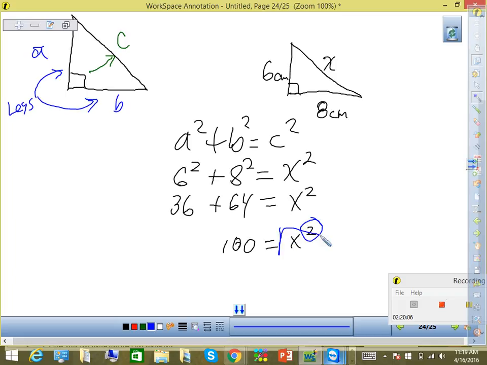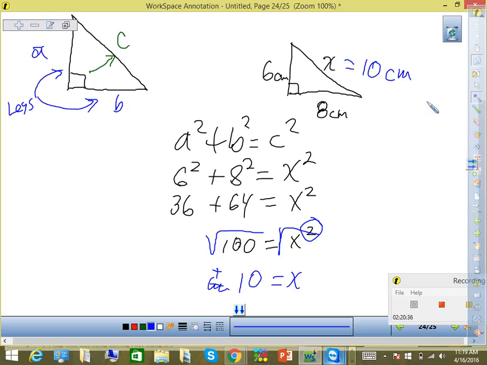And whatever we do to one side, we do to the other side. Therefore, X equals, what is the square root of 100? Plus minus 10. However, since here we're involving measurement, do we use a negative one? No, because distance and time is always in positive numbers. So we no longer use a negative, so the correct answer is 10 centimeters.